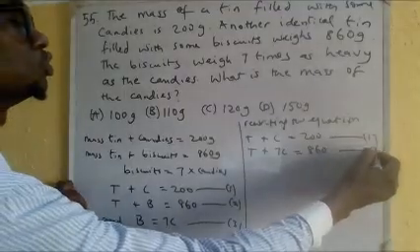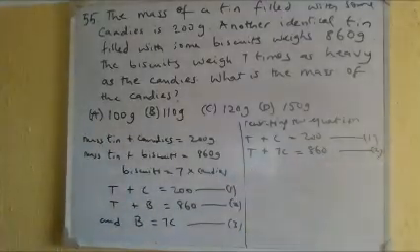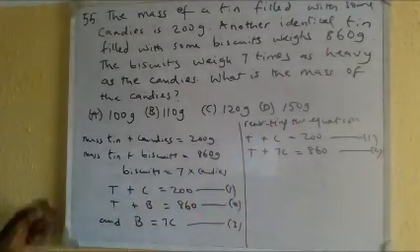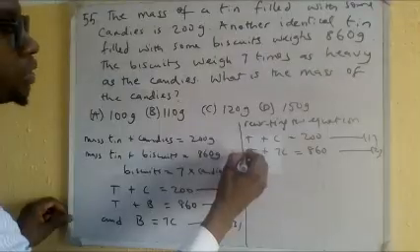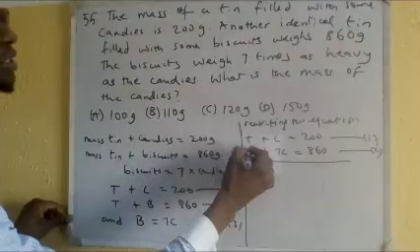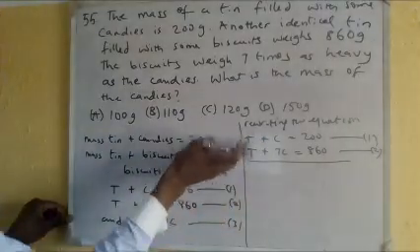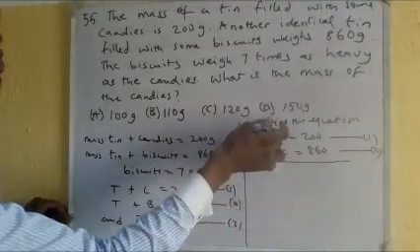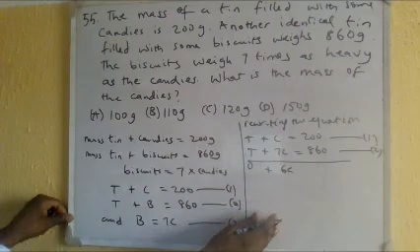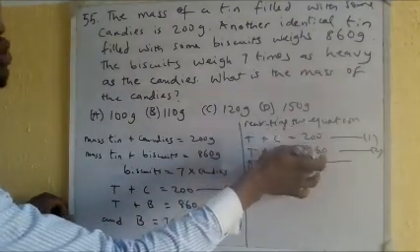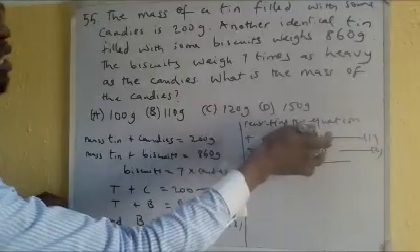So I'm going to subtract equation 1 from 2. I'll draw a line like this. So T minus T is 0, plus 7C minus C is 6C, is equal to 860 minus 200 is 660.